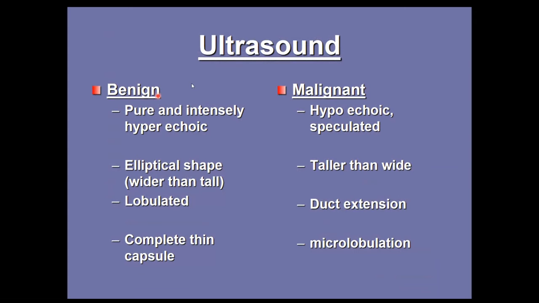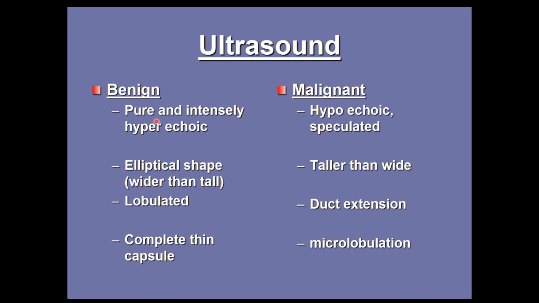On ultrasound, the mass may be cystic if it is benign. So cystic, we can separate; it will be anechoic. And if it is a radiopaque mass on mammogram, that means it may be benign or malignant.